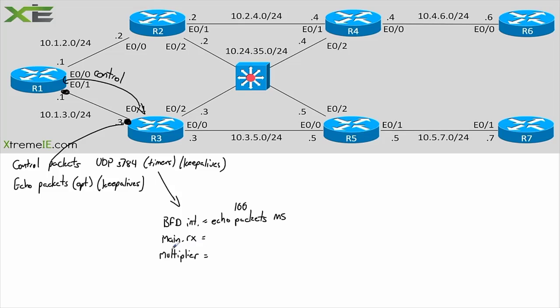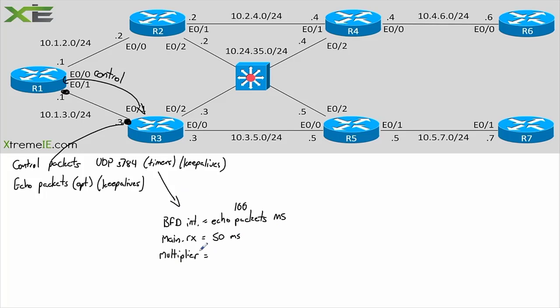So in the control packet that I send from R3 to R1, I'm going to say, look, my echo packets are going to come to you every 100 milliseconds. And by the way, just in case you are configured differently on the other end, I am prepared to receive packets from you every 50 milliseconds.